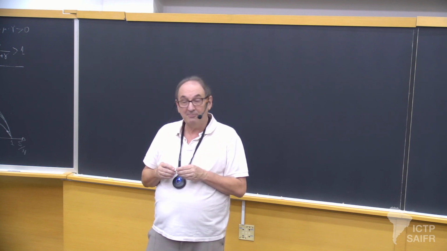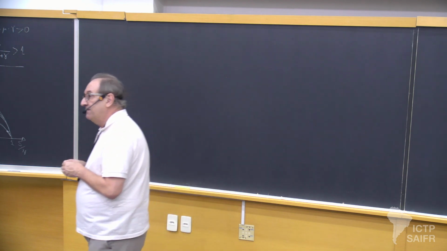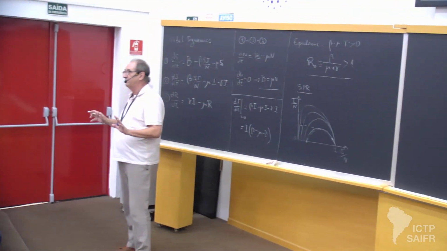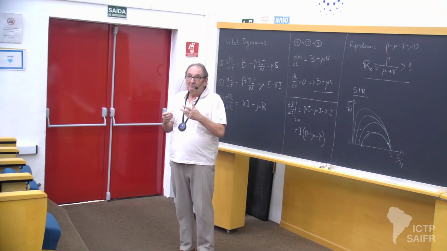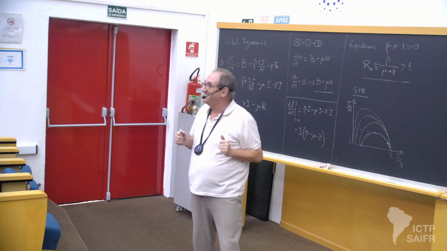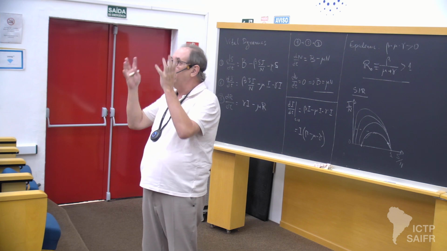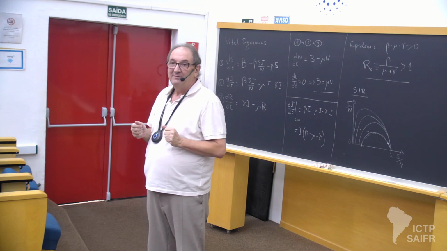What is qualitative dynamics? Qualitative dynamics is, I don't know the solution. I cannot solve my equation. They are not solvable. But maybe I don't want to solve them. Okay? Maybe I'm okay in just knowing the general aspects of the situations.